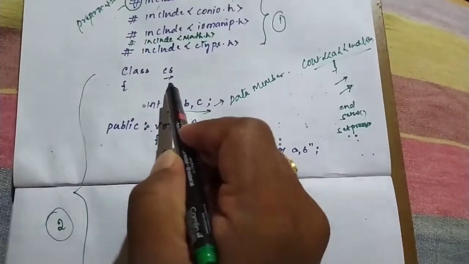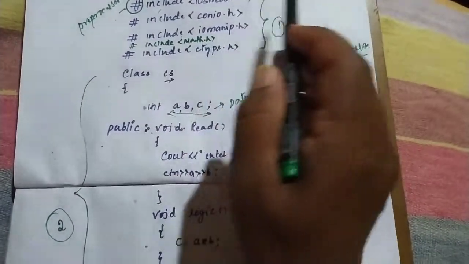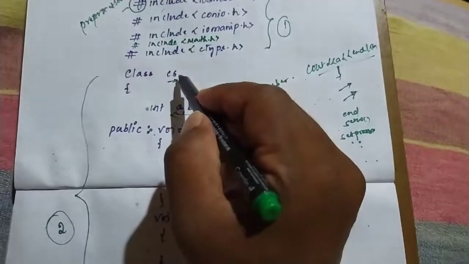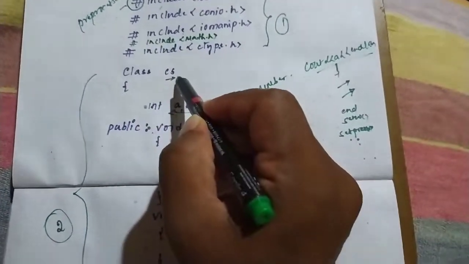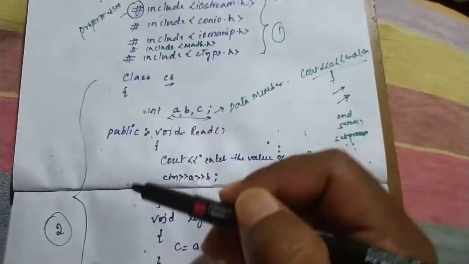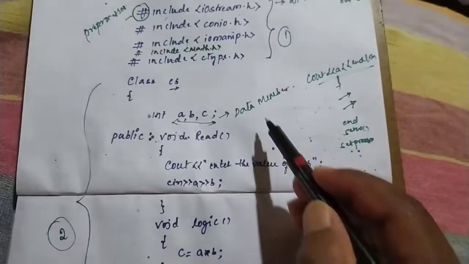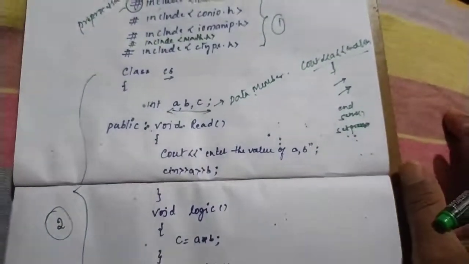This name is not compulsory. In place of CS, you can use any other name, no problem. Here I have used CS. Class is a keyword, CS is the name of the class. A class is a collection of objects which combines data members and member functions together into a single unit.